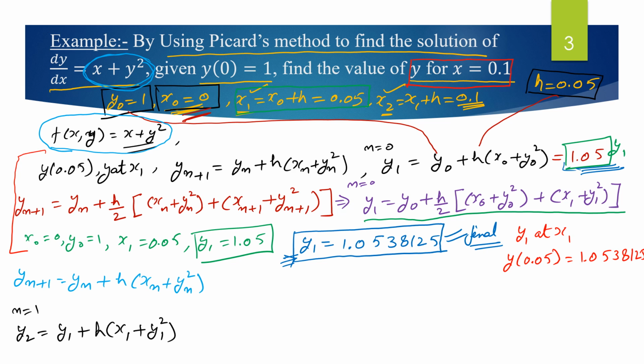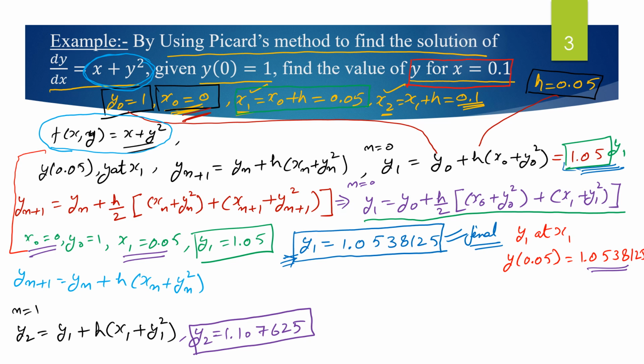So substituting these values, the values are given over here. x0 is not required. Now we require x1 and this y1. Substituting these values, because I have calculated this question on paper, y2 is equal to 1.10765 by the Euler method.